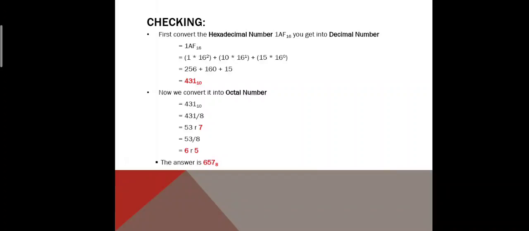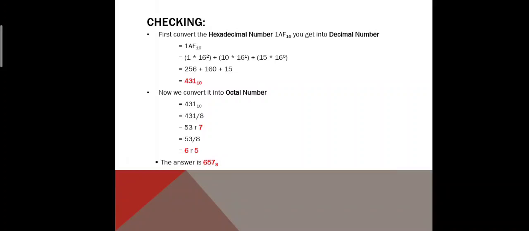So, i-convert na natin into octal number. So, 431, nakuha natin. Base 10, di-divide lang natin siya to 8 kasi i-convert natin siya into octal. So, 431 divide 8 is 53, remainder 7.